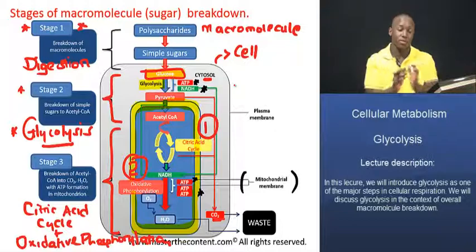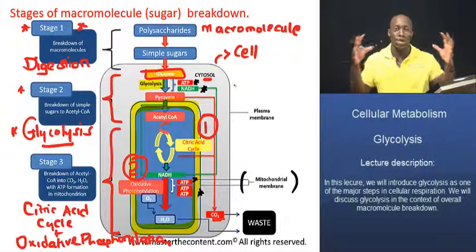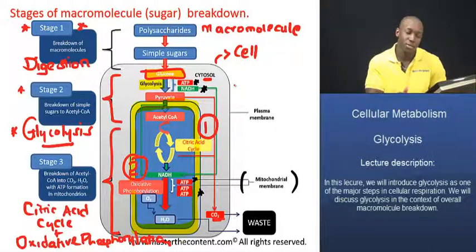So what we have on the screen right here basically breaks down the entire process for you. You can see we have digestion happening, which breaks down those sugars into smaller manageable units like glucose. Glucose finds its way into the cell. It undergoes glycolysis, which converts it into a pyruvate molecule, which is then converted into acetyl coenzyme A, which is fed into the citric acid cycle.